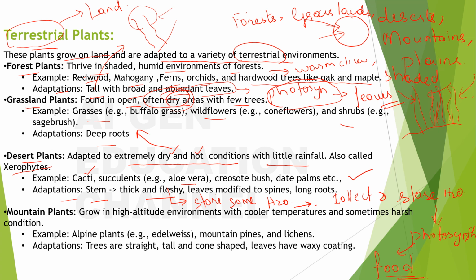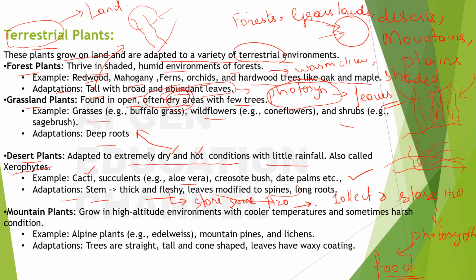Now this one, leaves are modified to spines. Why? Spines will protect the plant from other animals, right? And also it will reduce the water loss. See, I am trying to make the concepts a bit clear.